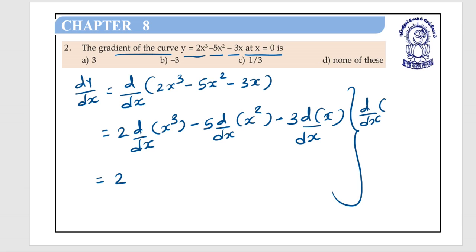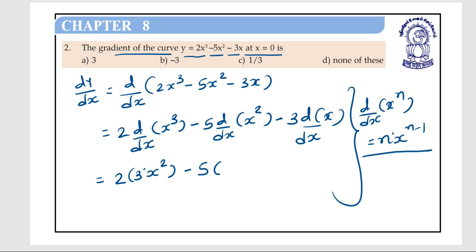Same formula, d by dx of x raised to n is equal to n into x raised to n minus 1. Using this formula we can solve this. So x cube means 3 into x square, minus 5 x square means 2x, minus 3 into 1. So 3 2s are 6x square minus 5 2s are 10x minus 3.